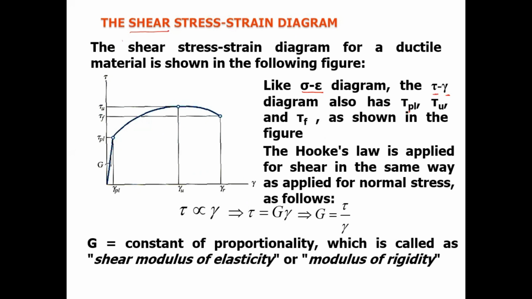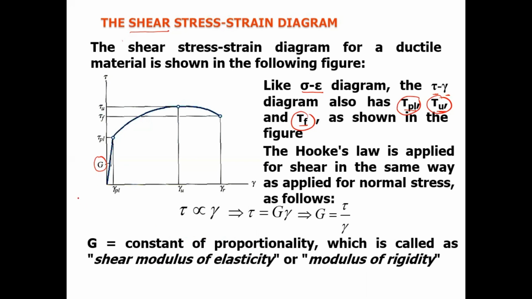So we have the stress and strain at proportional limit, this is ultimate and this is failure. As shown in the figure, it is the same figure, but here it is represented by G. What is G? G is the constant of proportionality, the shear modulus of elasticity.